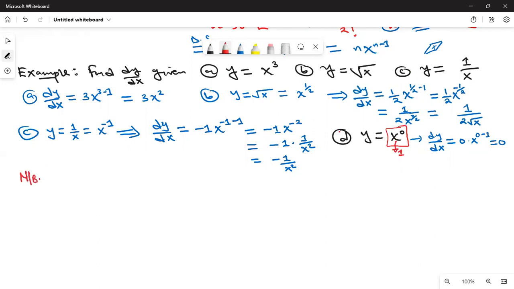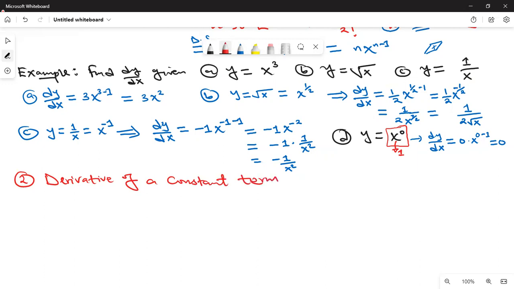Note. So derivative of a constant, or let it not be a note, let it be number 2. The second rule is derivative of a constant term.